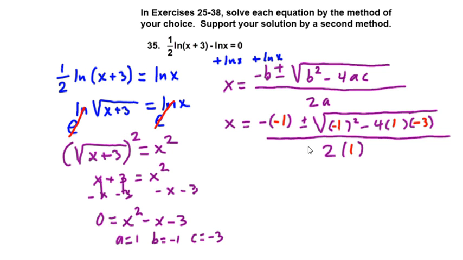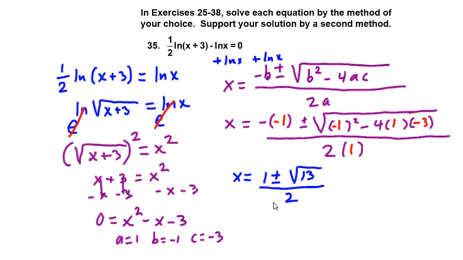And having parentheses like this really eliminates opportunities for errors, because if you don't have parentheses, it's easier to make mistakes. So what we have here is x equals, we have negative 1, so we have 1 plus or minus, and inside here we have negative 1 squared, which is 1, and minus 4 times 1 times negative 3. So a negative times a negative is positive, so we're going to have the square root of 13. And we're going to have that over 2.